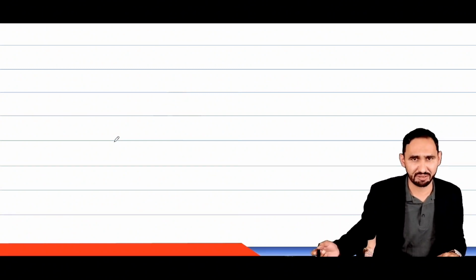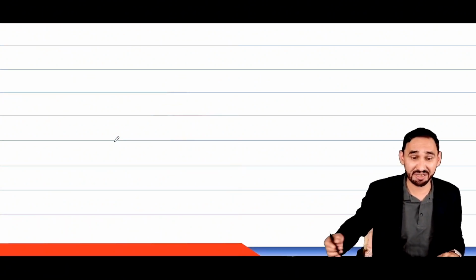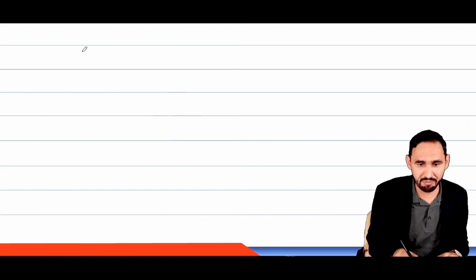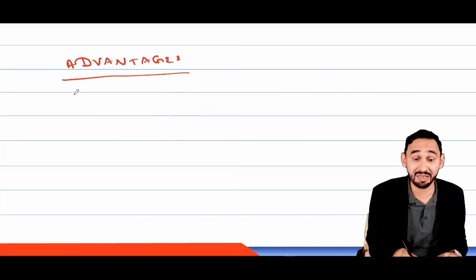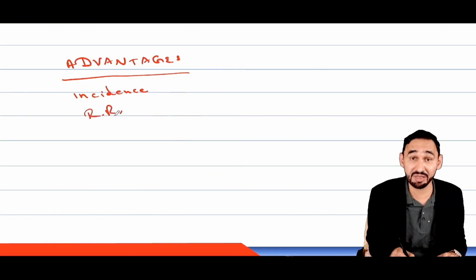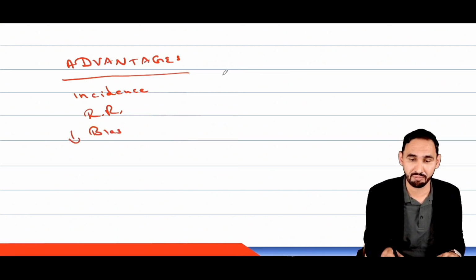Before summarization, we can discuss advantages and disadvantages of cohort study. What are main advantages? Incidence, relative risk or strength of association. There is lesser bias. What are disadvantages?